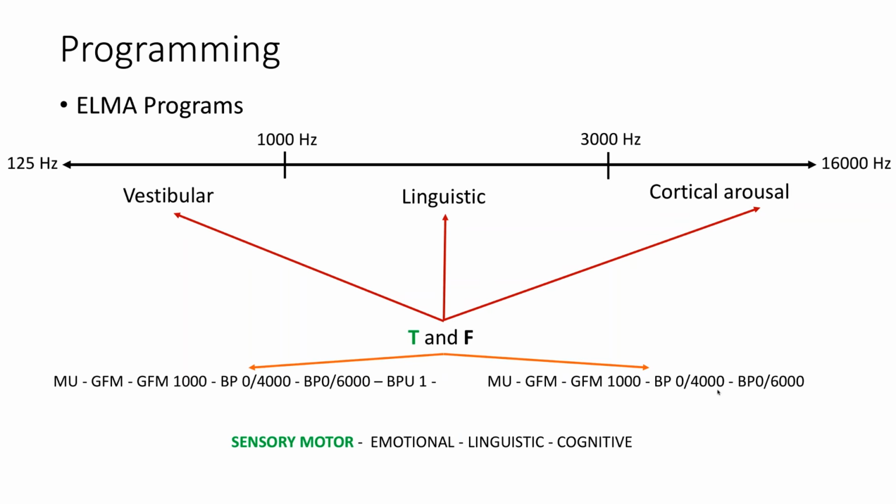So we are really working in a wide manner with the MU and the Gregorian. Then we have the low BPs that give us the possibility not to give too much cortical arousal, and also to open progressively from 0 to 4,000, from 0 to 6,000, before introducing the MU that goes from 0 to 16,000, which is more demanding on the ear and the muscles of the ear and on the gate because of the gating.